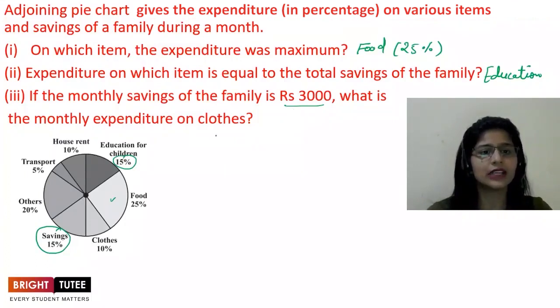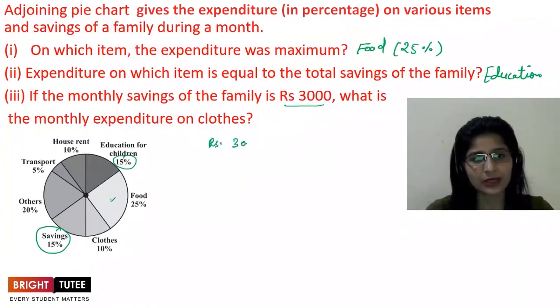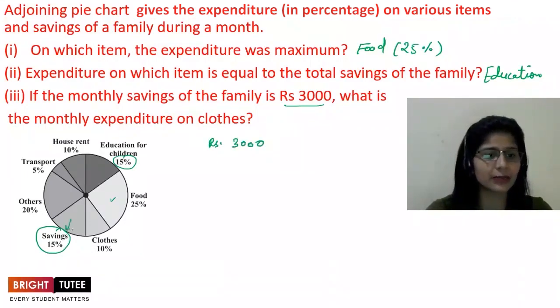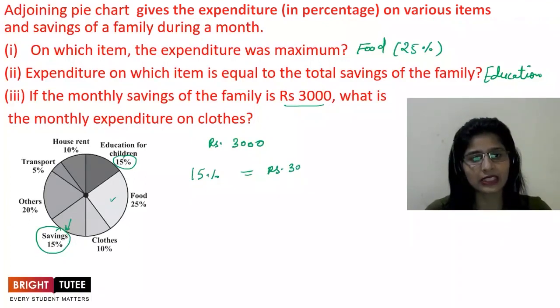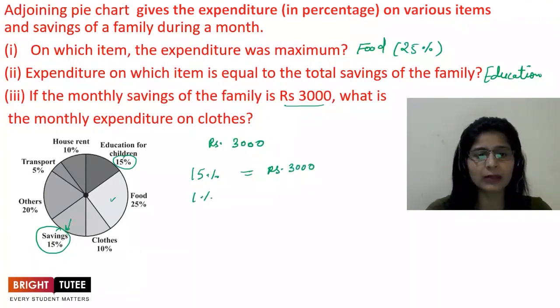Now we know that 3000 rupees comes under 15%, right? That means 3000 is forming 15%, or I say 15% is equal to rupees 3000. Then what about 1%? 1% is rupees 3000 upon 15. Yes or no?